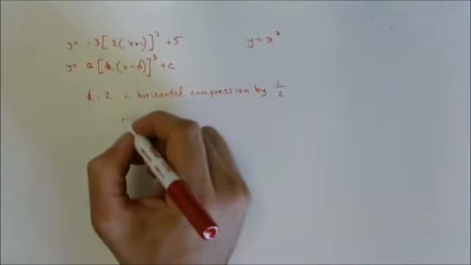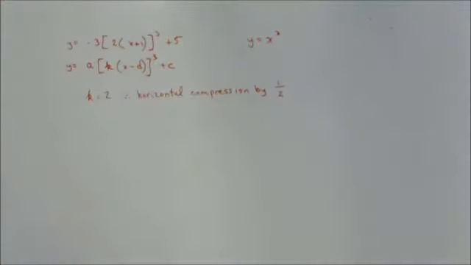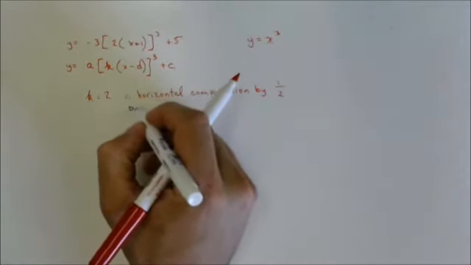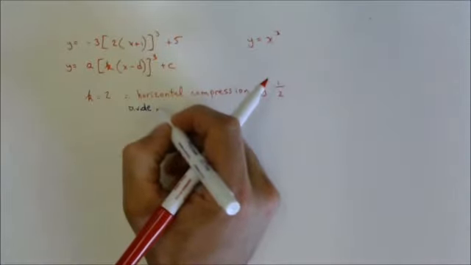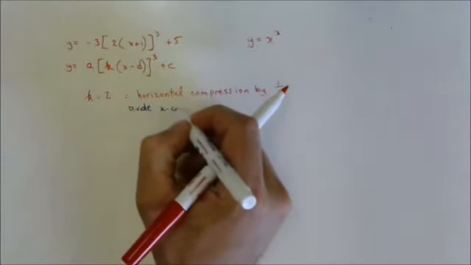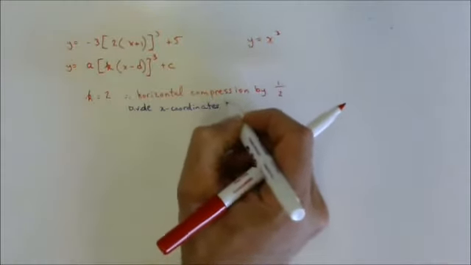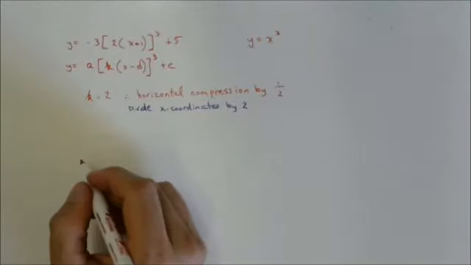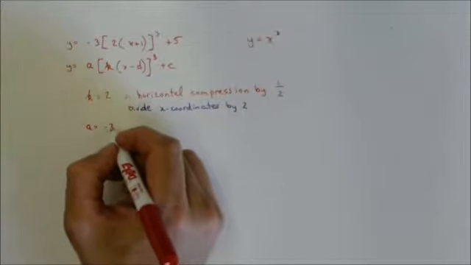Well, what does that mean for the table that we're going to fill in? It means that we're going to, and I'll write this in a different color, divide the x coordinates by 2. All right, let's look at a. A in this case equals -3.